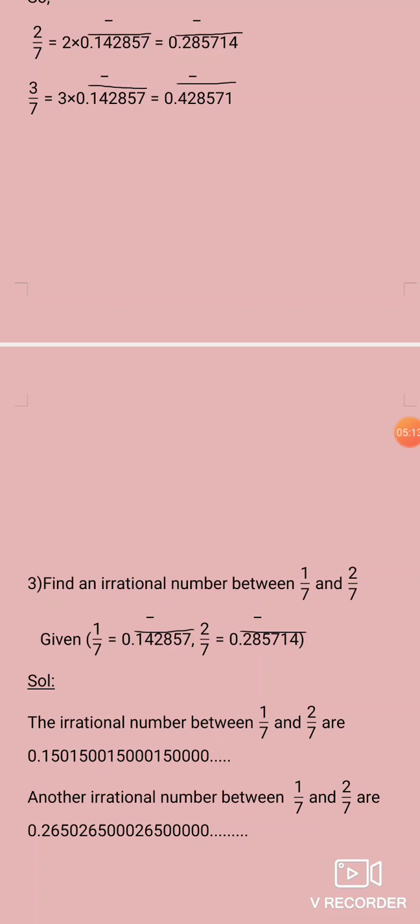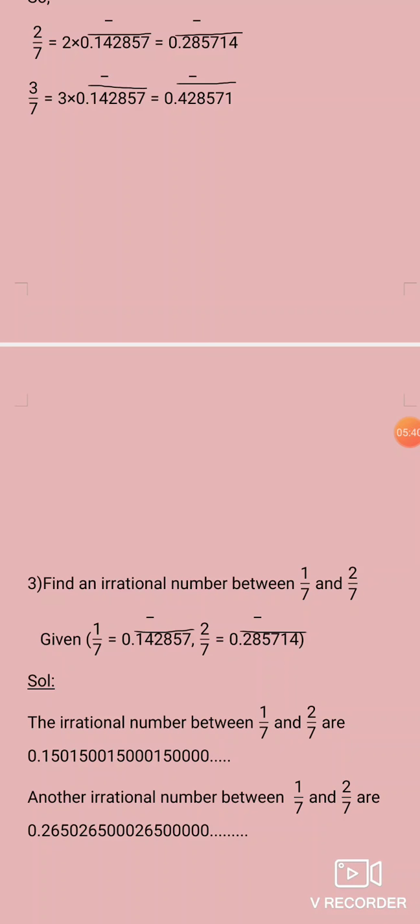So the first example: 0.150, 1500, 15000, etc. Then next below that is 0.28. So 0.2650, 26650, 265000, 265506, etc. Any examples we can write.